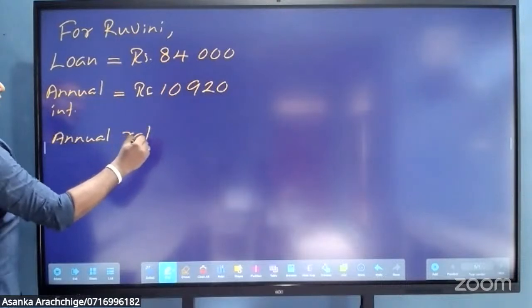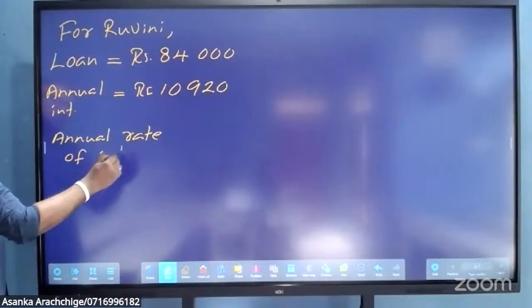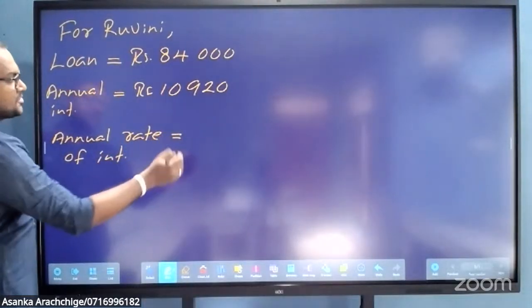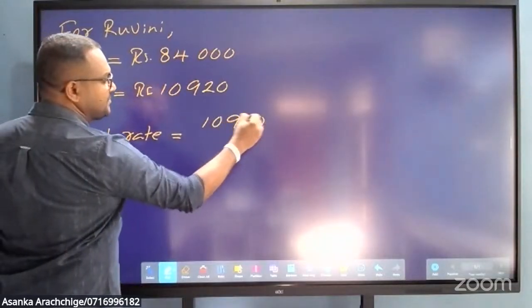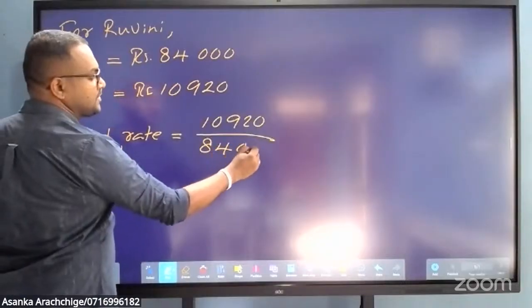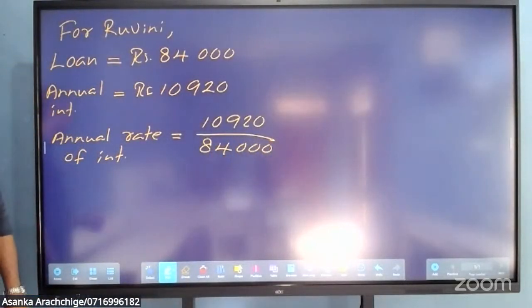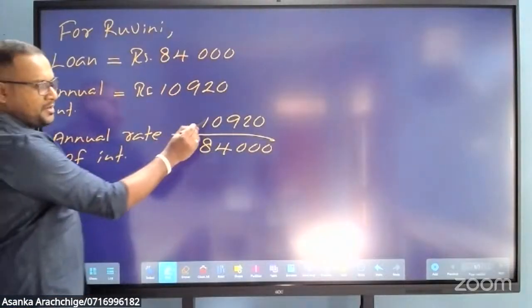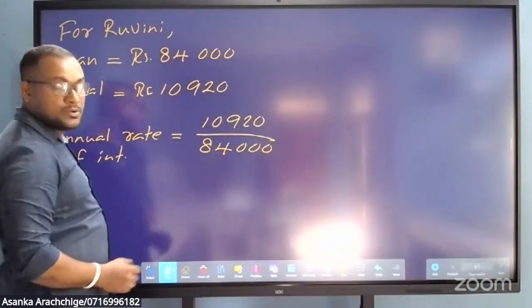Annual rate of interest. This is the interest for a loan of 84,000 rupees per annum. Per annum means for a year. So 10,920 rupees interest for 84,000 rupees.